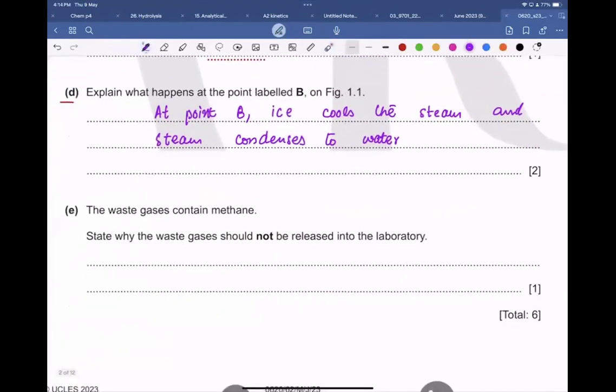Okay. So at point B, there is ice. So when the steam reaches the ice, the ice cools down the steam, and as a result, the steam condenses and turns into water. E. The waste gases contain methane.